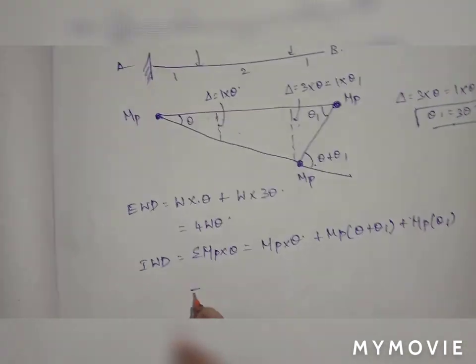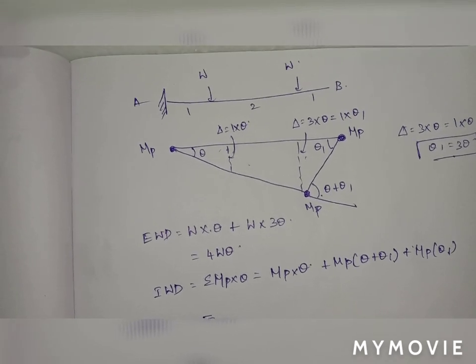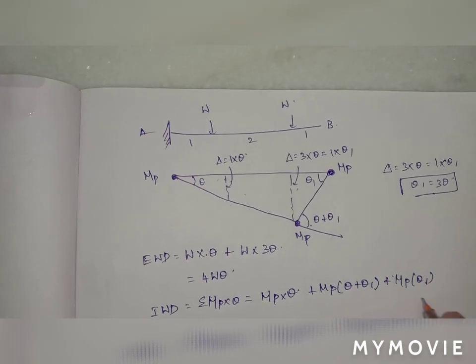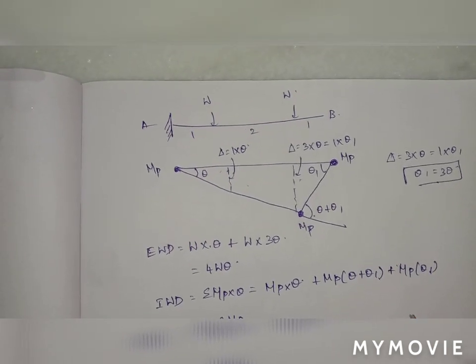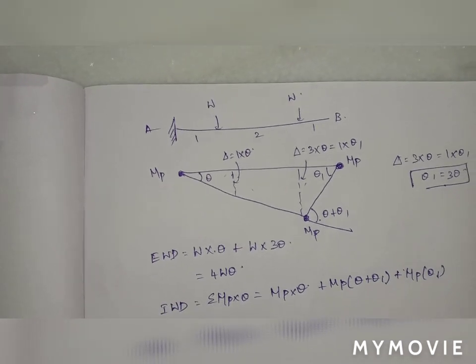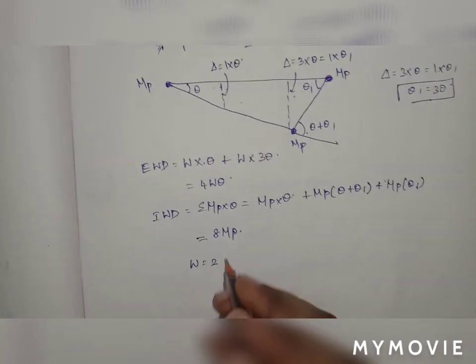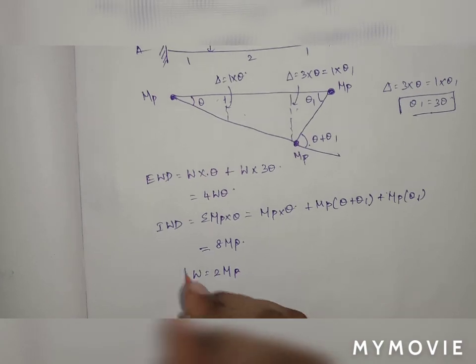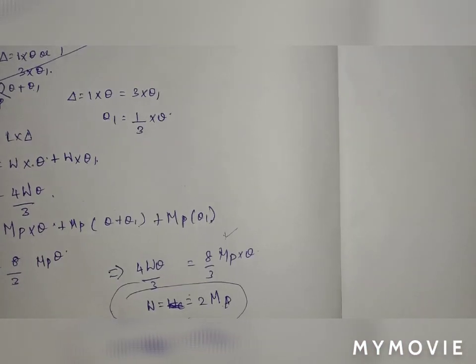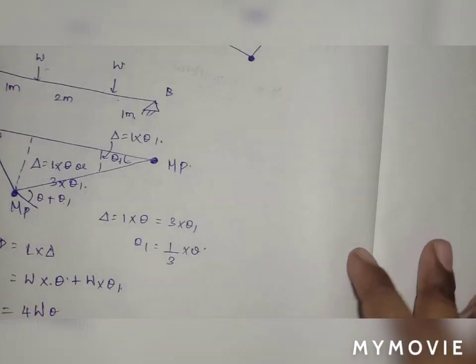By solving it, you will be getting the internal work done is equal to 8 mp theta. Substitute the values of theta. Equate internal work done and external work done, you will be getting w is equal to 2 mp. So in the previous mechanism also we got w is equal to 2 mp only.